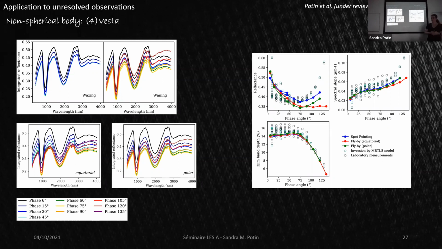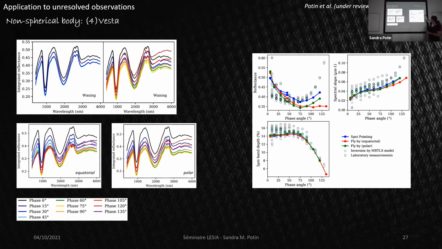If we now compare to the reference surface, we can see that in this area here, the simulations are brighter than what is measured in the laboratory, and then in this phase range here, the simulations are darker than what is measured. So we have a strong difference between laboratory measurement and unresolved observation.